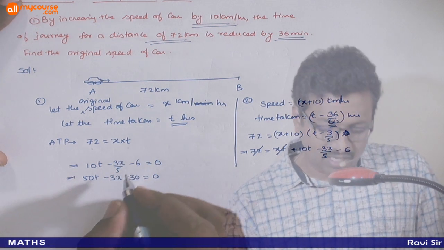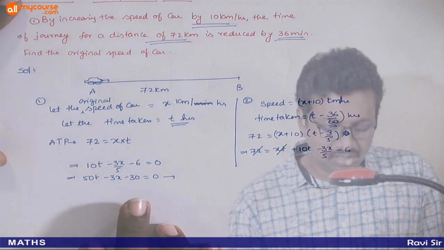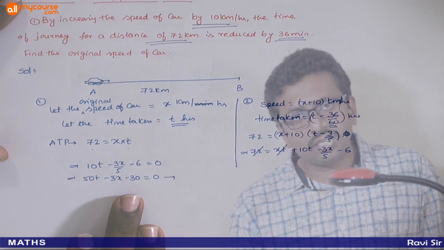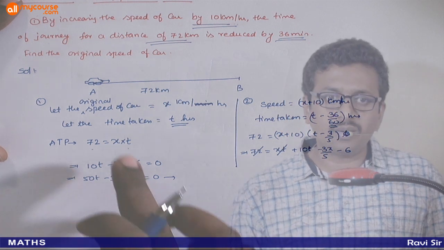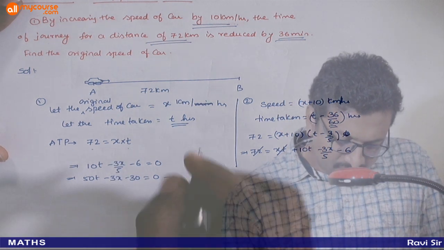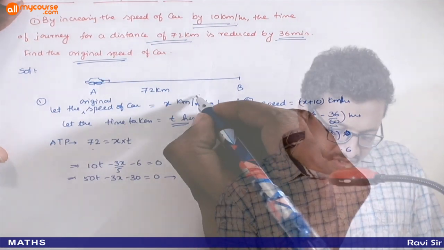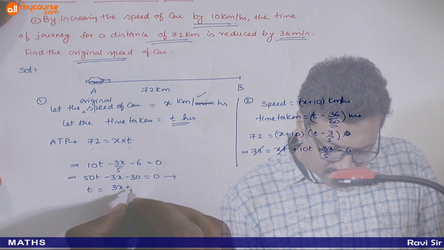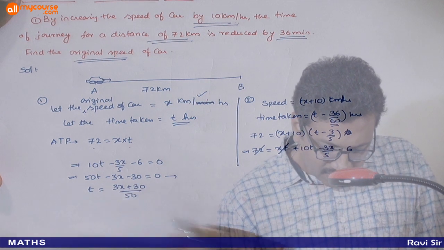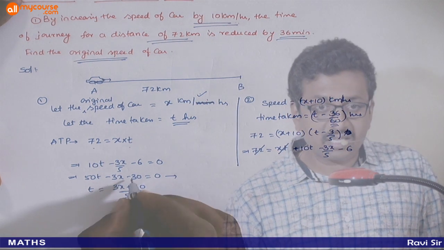So you take either t or x and then substitute it in this. So let me eliminate t because you need the speed of the car, which is x. So from here t is equal to 3x plus 30 by 50.